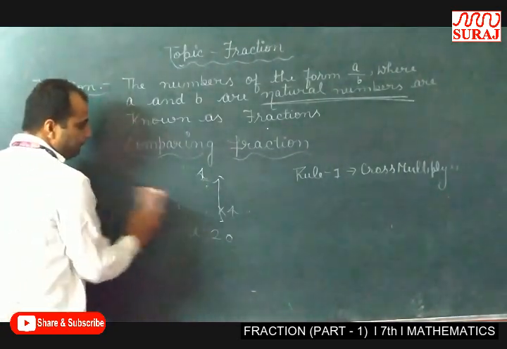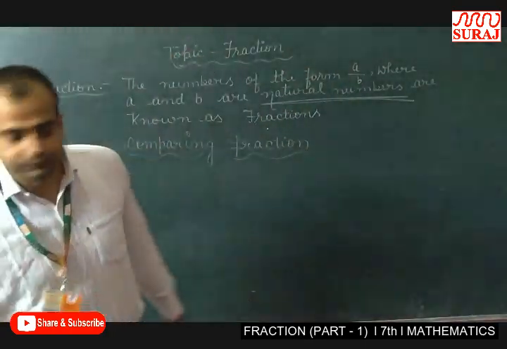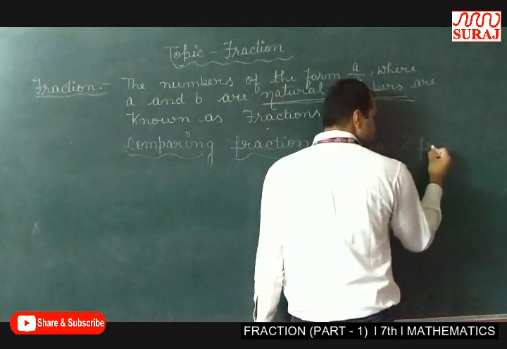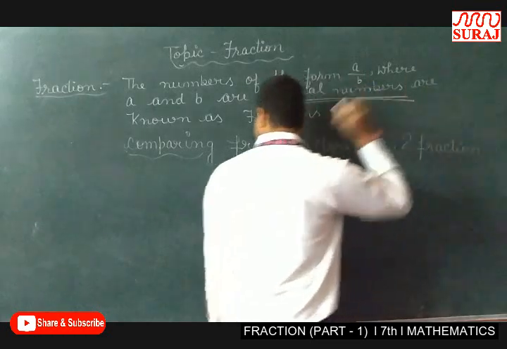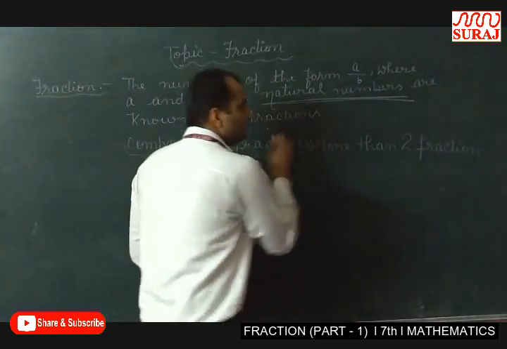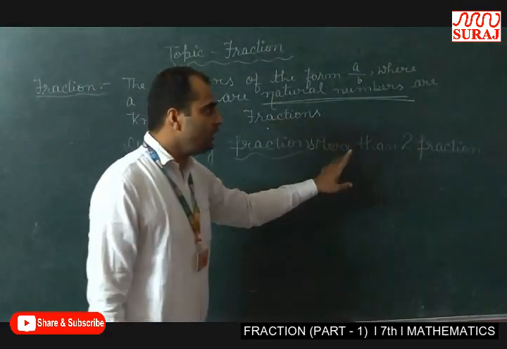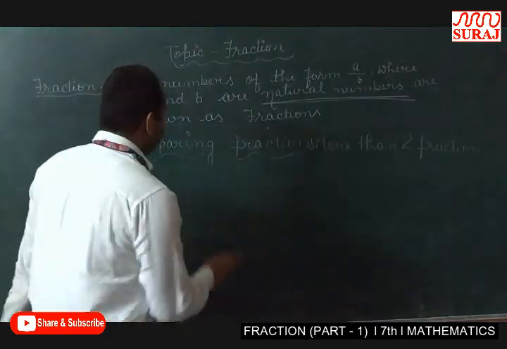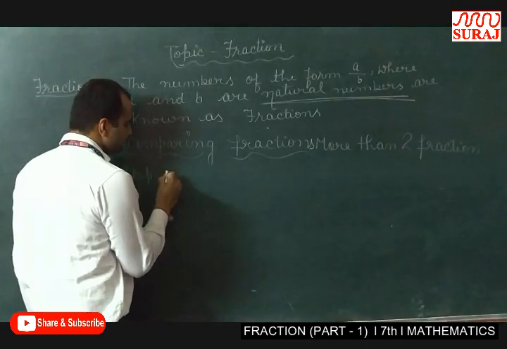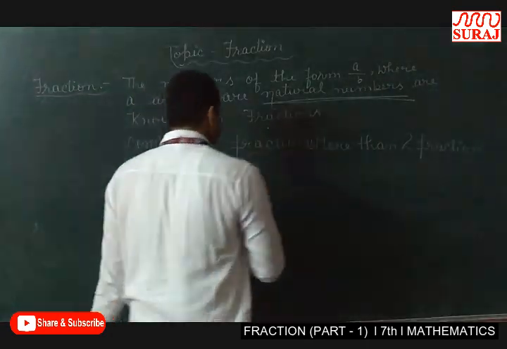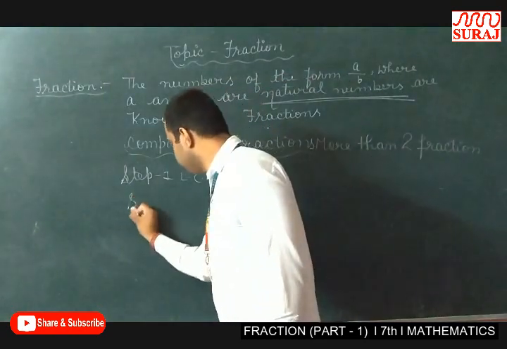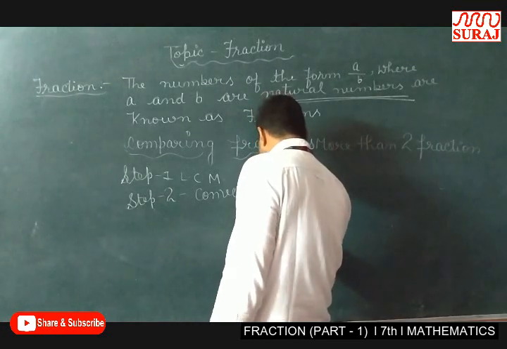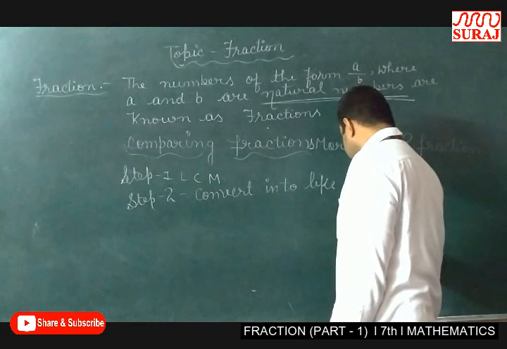Next, comparing fractions, more than two fractions. क्या कह रहा है कि कंपेयरिंग करेंगे हम फ्रैक्शंस की. अगर हमारे पास दो फ्रैक्शन से ज्यादा फ्रैक्शन हैं तो हम उसको किस प्रकार कंपेयरिंग करेंगे? तो लेट्स स्टार्ट विद एलसीएम. तो स्टेप फर्स्ट इज एलसीएम. देन स्टेप 2, convert into like fractions.